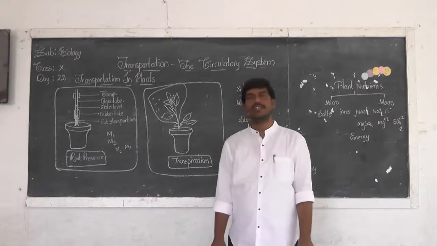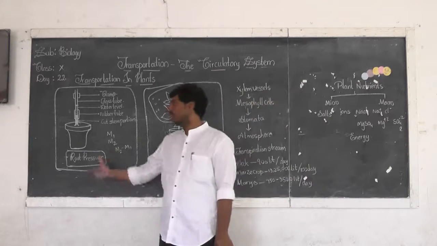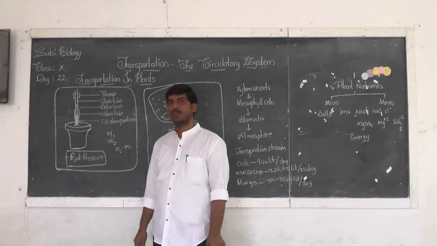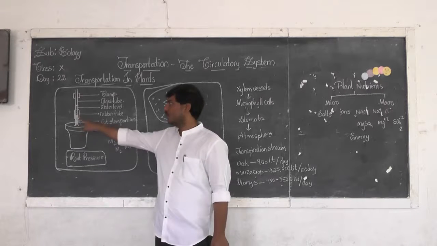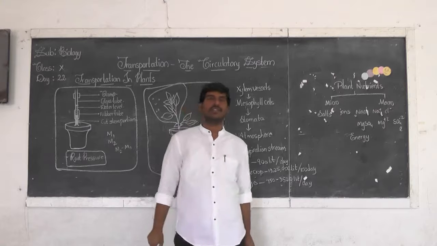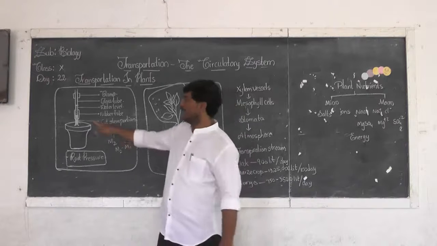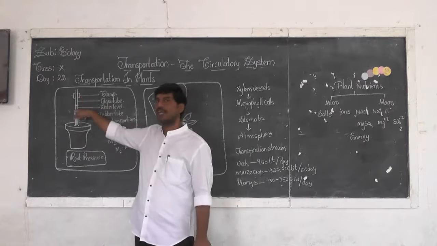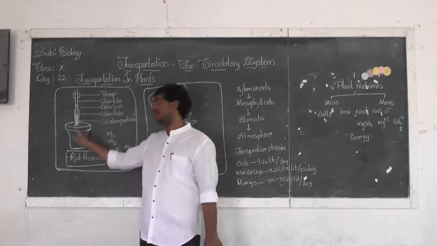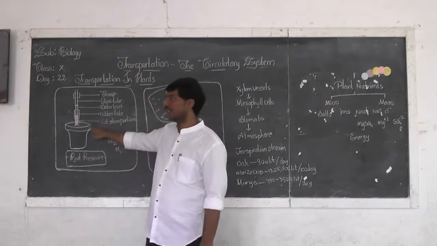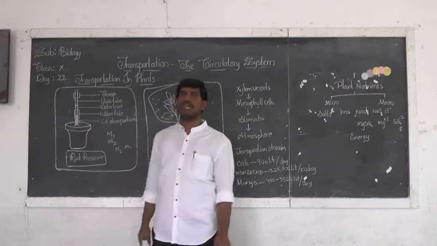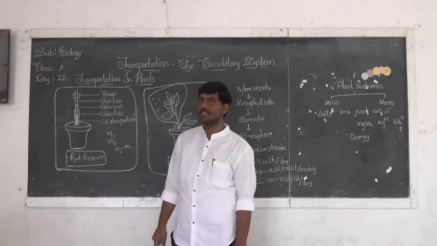To demonstrate this root pressure, what we have done is we have taken a healthy potted plant, then we have cut down the stem such that only 1 to 2 centimeter of it is still attached, and we have attached an equal diameter narrow transparent tube with the help of a rubber tube. Then we have watered the plant, and we pour certain water into the transparent tube.